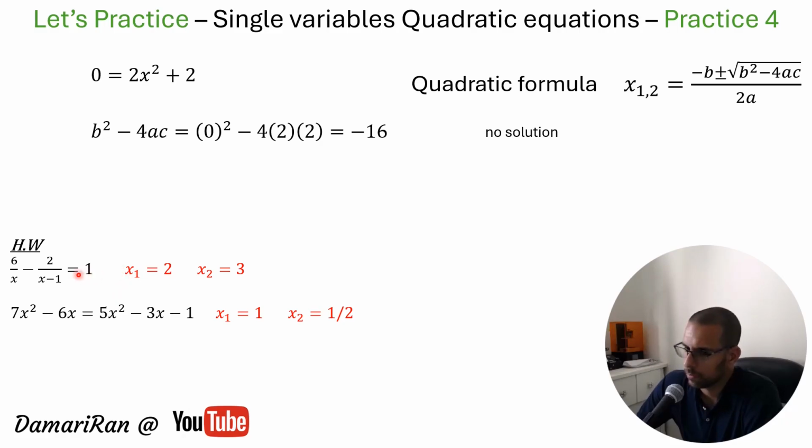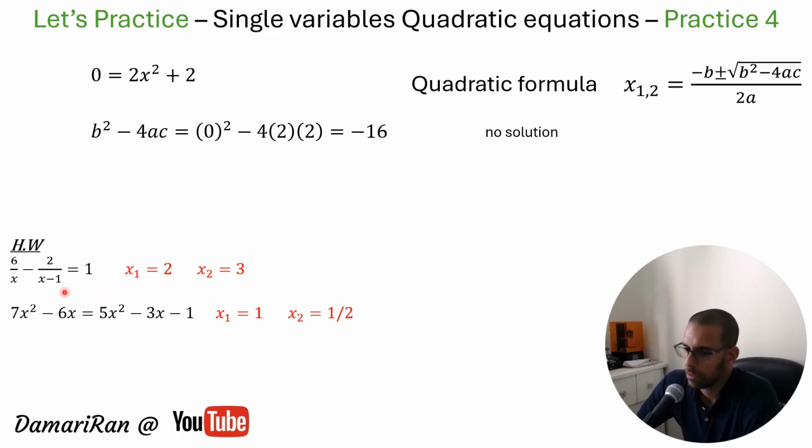And here I know it doesn't seem like a quadratic equation, because I don't have an x to the power of 2. But after you flatten the fractions and get it into the shape of a quadratic equation, you will see that you do have an x to the power of 2.